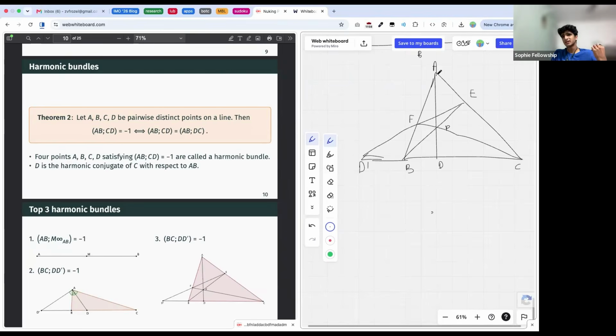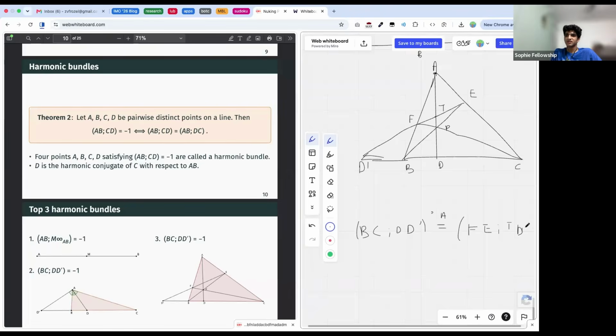And in fact, I think all four choices A, F, E, and P are all just really good. So we're going to pick one of them, let's say project from A. And we can say that B, C, D, D prime is equal, due to projection from A, we could project onto line EF or something, and we could say that it's equal to F, E, and give this point a name T, D prime.